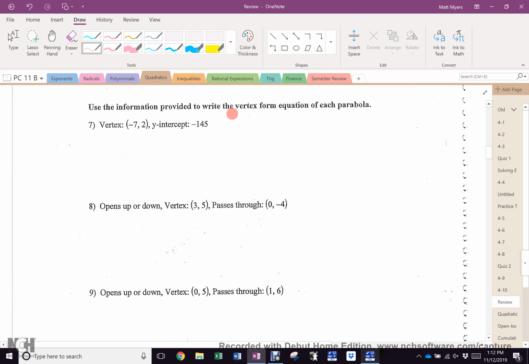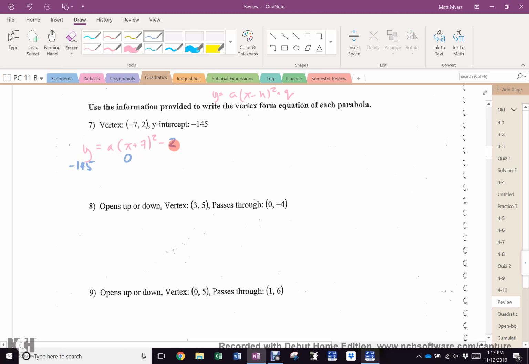Use this information to write the vertex form. Vertex form, y equals a times x minus h squared plus q. I forgot the a. You have a y and an x right there: 2 equals a bracket x plus 7 squared minus 145. Solve that for a. Then you sub in your 0 and negative 145.